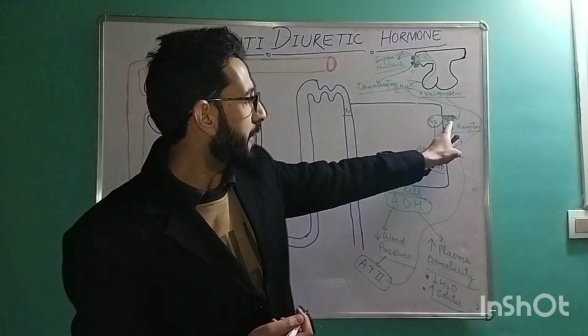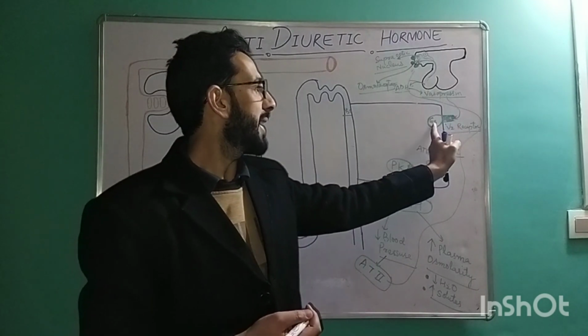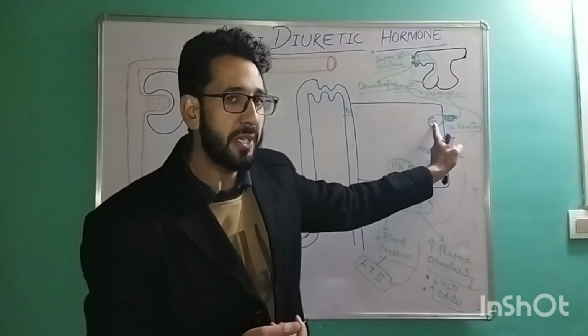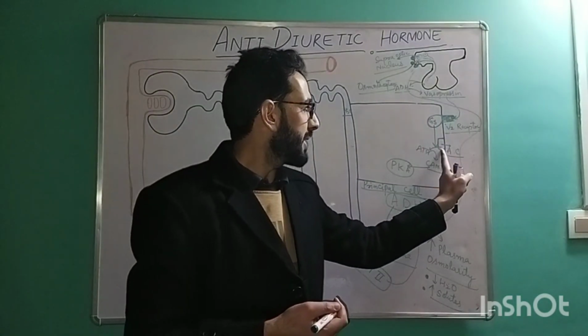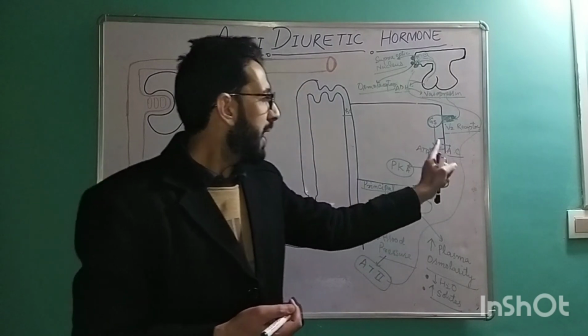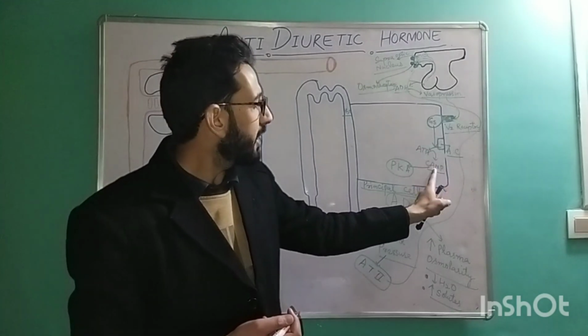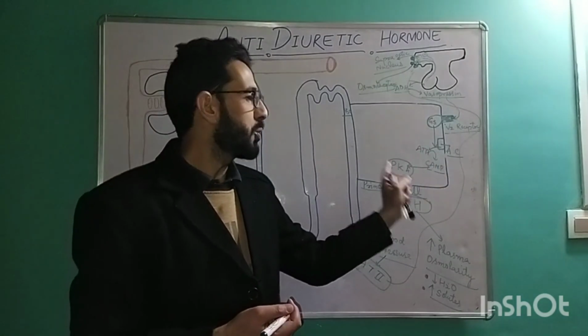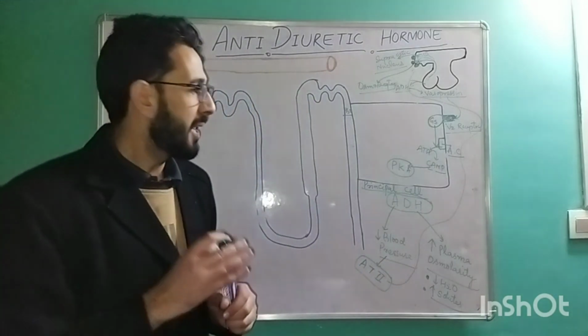Once ADH binds on it, it gets activated and it activates the G-stimulatory protein. And this G-stimulatory protein activates the enzyme adenylate cyclase, and this converts ATP into cyclic AMP, and cyclic AMP activates protein kinase A. Fine. Now what is this protein kinase A doing?